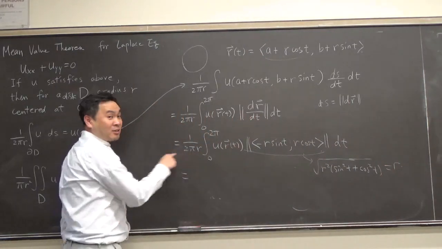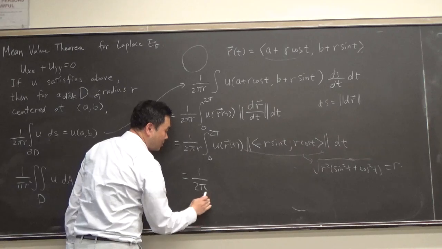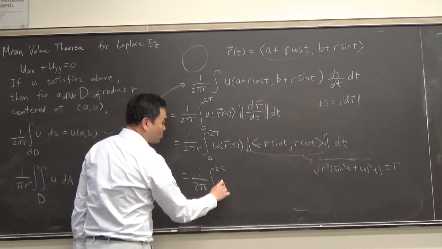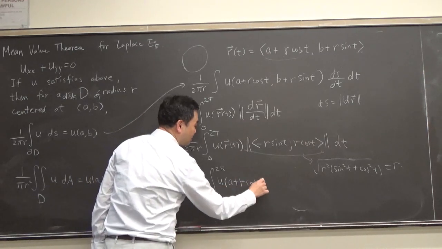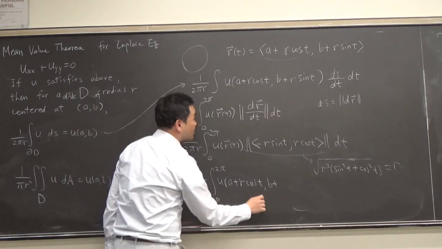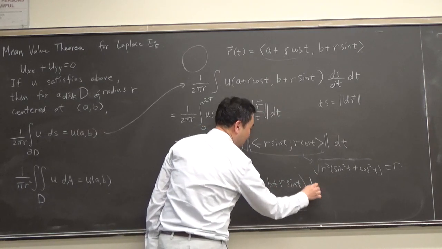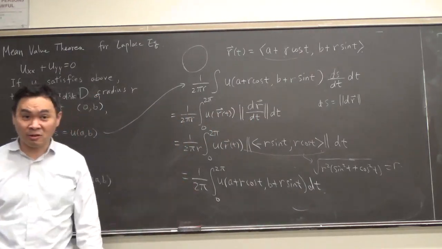And that r is going to cancel this r. So you end up with 1 over 2 pi, the integral from 0 to 2 pi of u of a plus r cosine t, b plus r sine t, dt. Because that r canceled with this r in front.